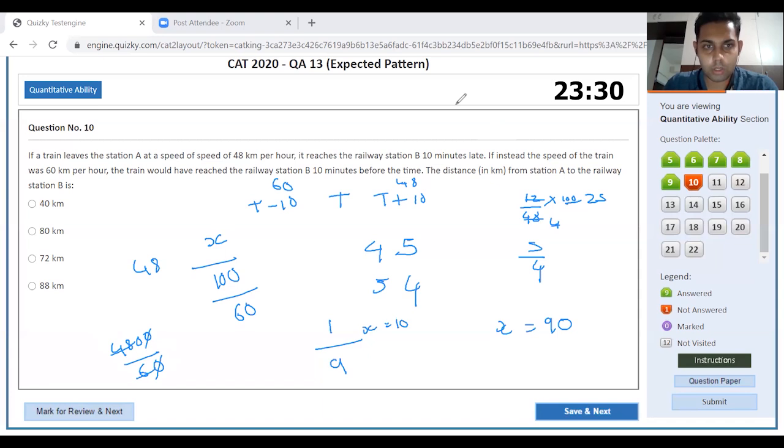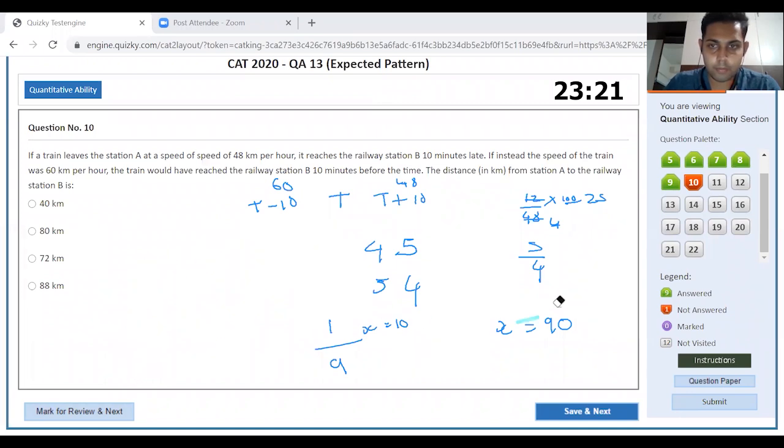Oh, sorry. I think I made a minor error. Yeah, this is 20. I just noticed that the difference is not just between this, but here also.